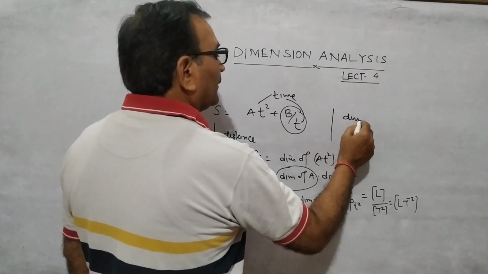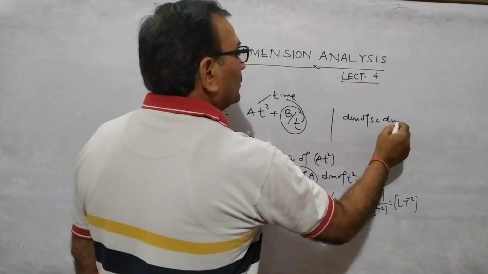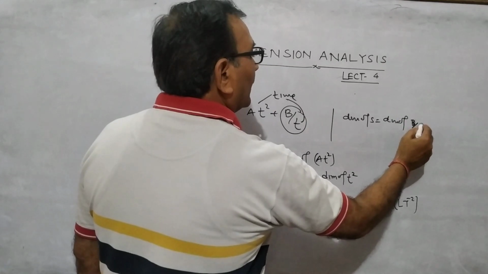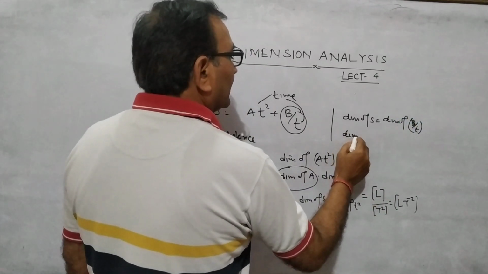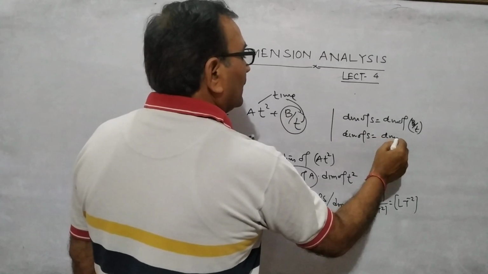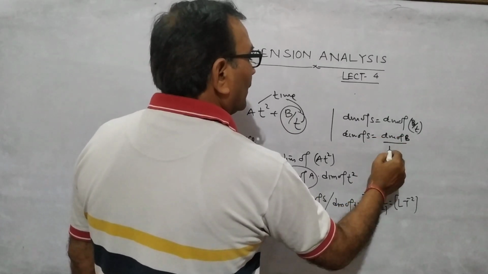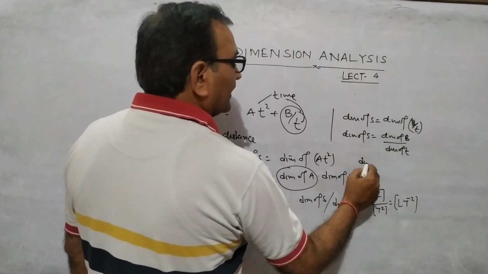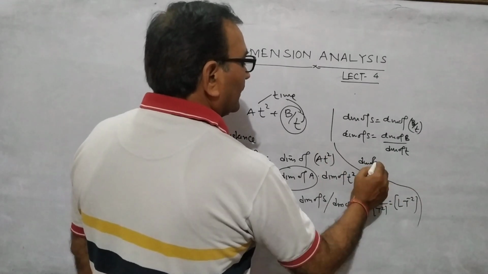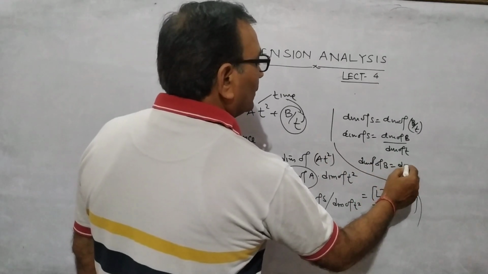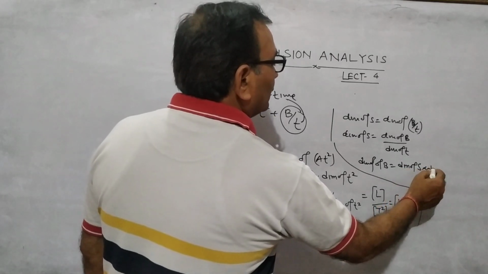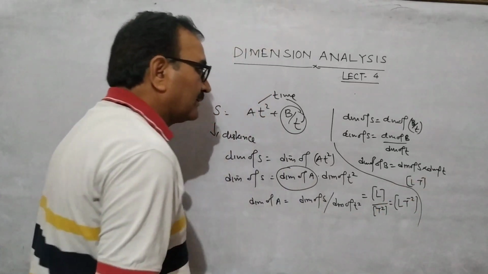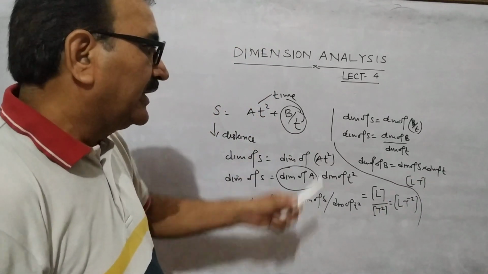So the dimension of S is equal to the dimension of b upon the dimension of T. So the dimension of b equals the dimension of S into the dimension of T. So you can write L T. So this is the dimension of b here.